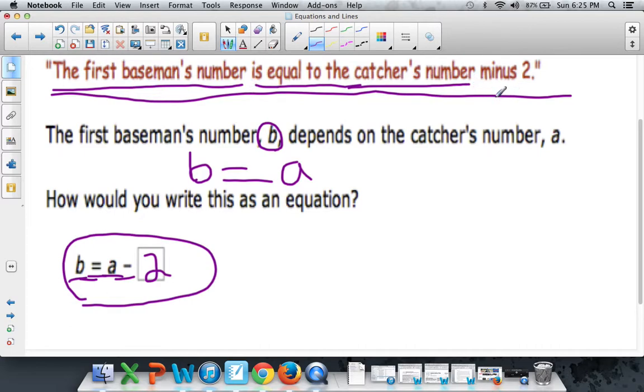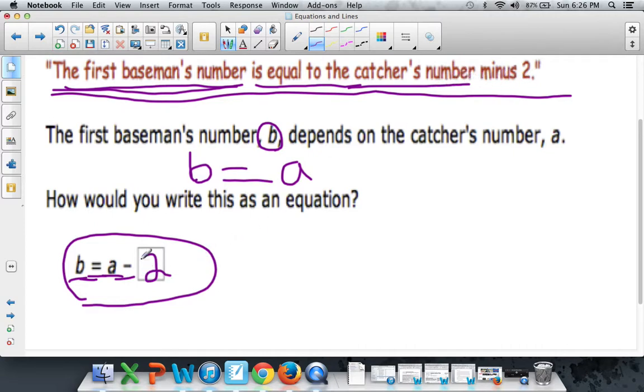If you say it all fast like that and don't think about it, you might have no idea what to do. But if you take it piece by piece, the first baseman's number, I'll call that B, is equal to, oh great, the word equal, I'll put an equal sign. The catcher's number, well, I guess I'll call that A. I mean, you don't have to call it A, but calling it A is okay.